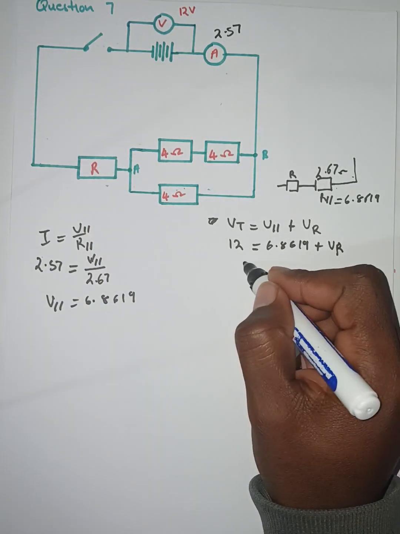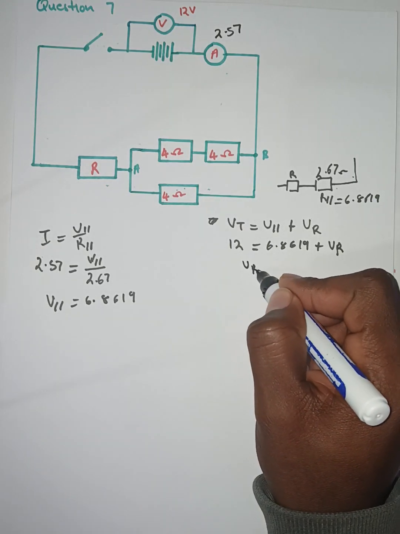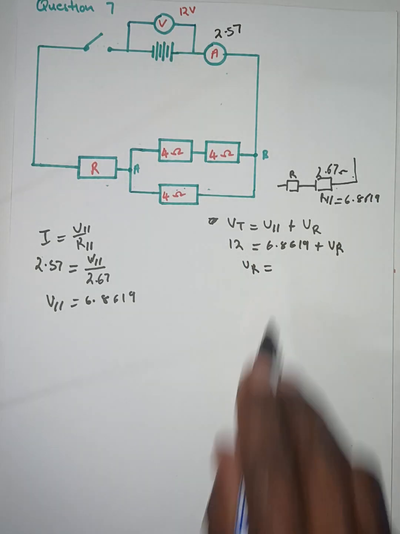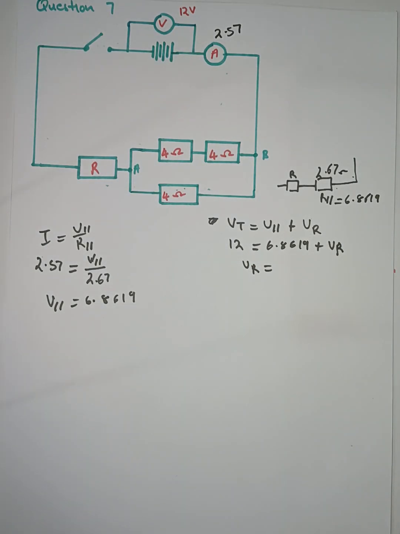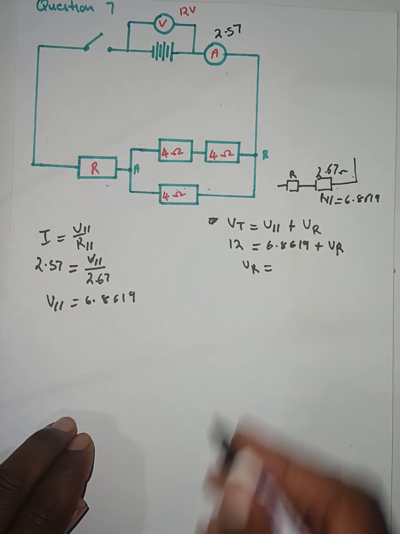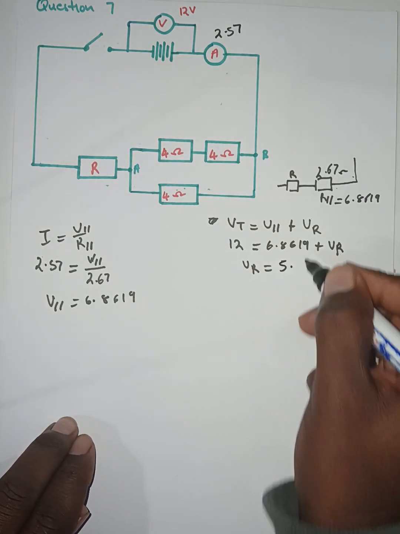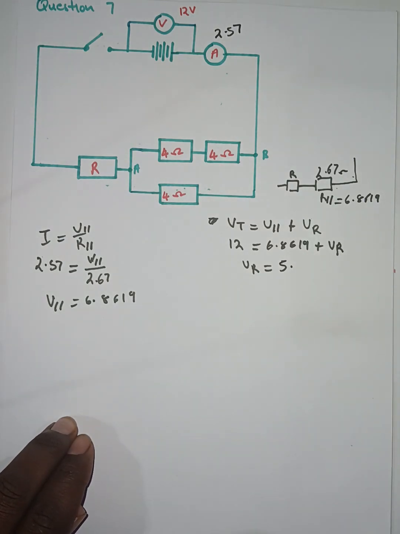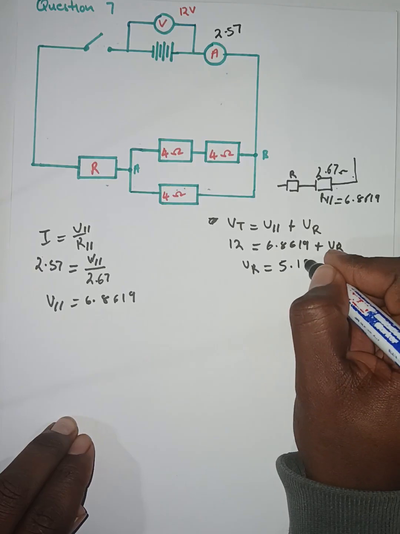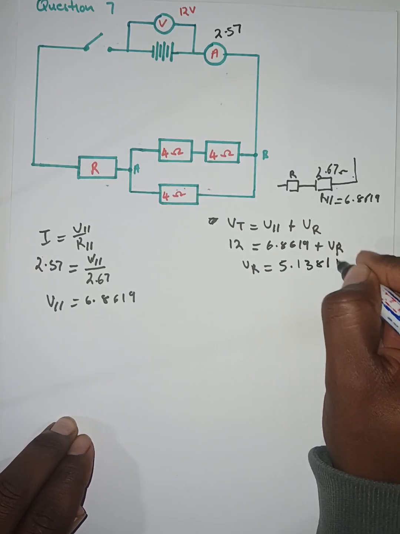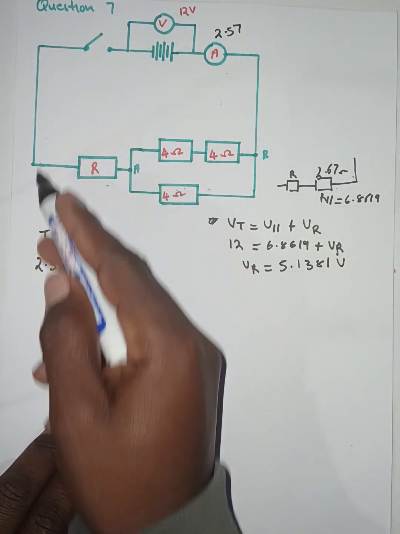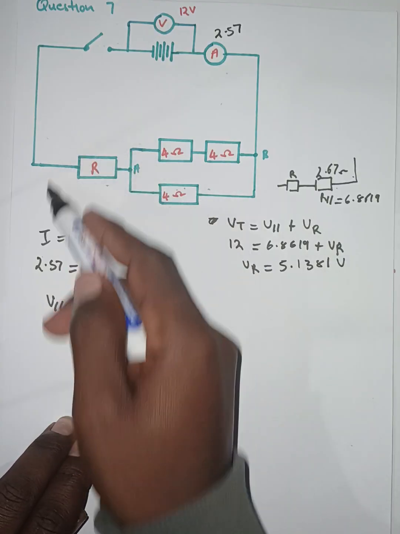So V R would be equal to 12 minus 6.8619. If you put that in your calculator, you get a value of 5.1381 volts. That would be the voltage used by that unknown resistor.